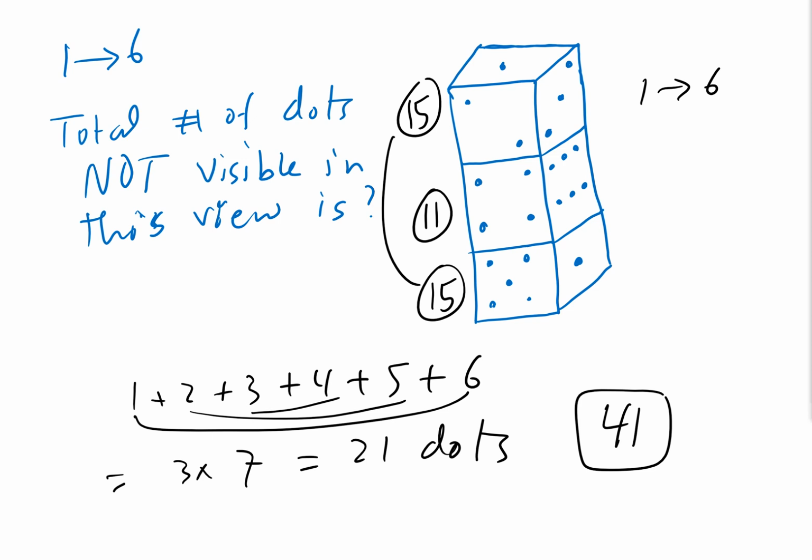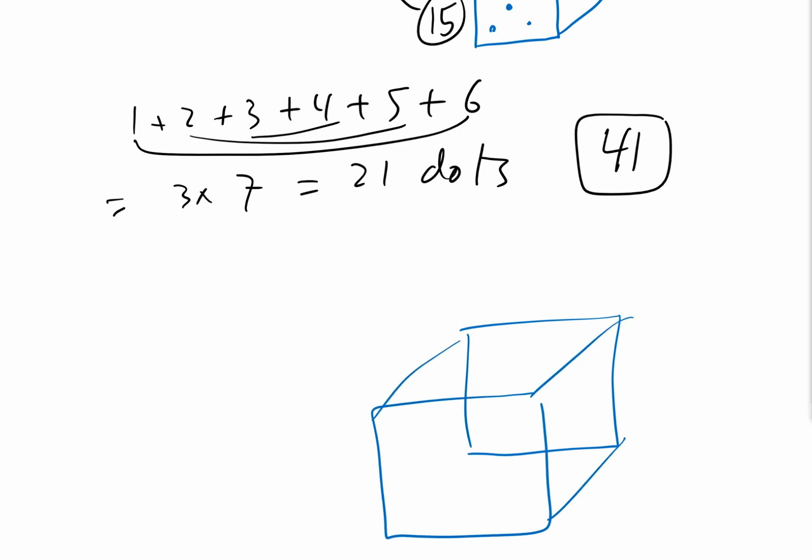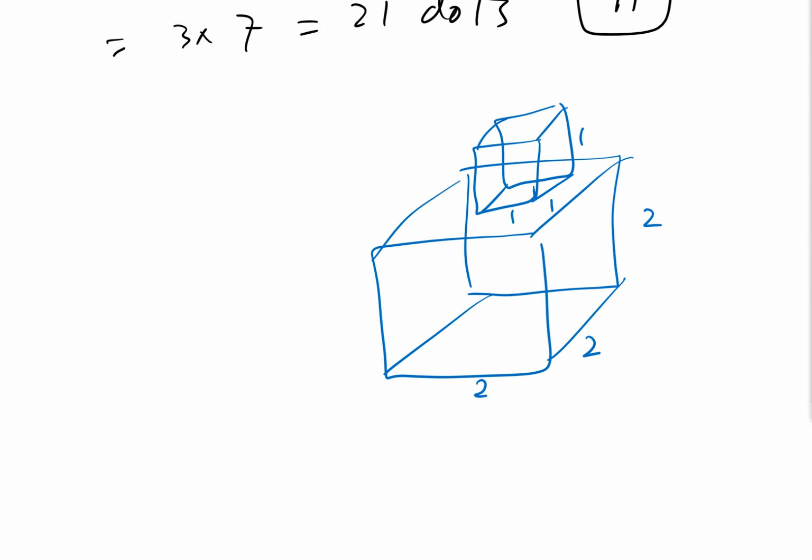Okay, the next one I have in mind: we have a cube with side 2. We glue another cube with side 1 on the top of this one. So it says a cube of edge length 2. Suppose that we glue a cube of edge 1 on the top of the big cube, so that one of its faces rests entirely on the top face of the larger cube.